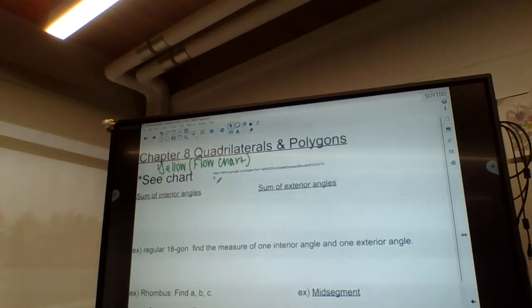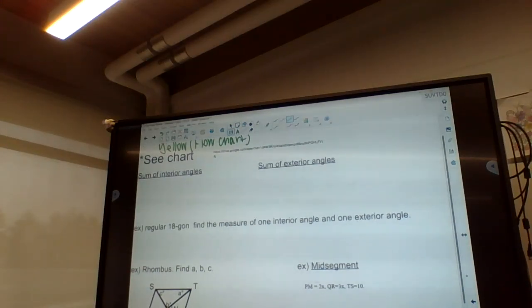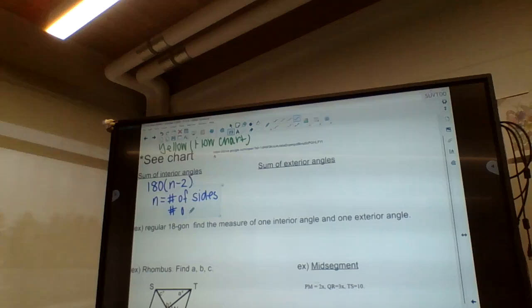So, in this chapter, we had a couple of formulas. One of them was the sum of the interior angles formula, and that is 180 times n minus 2, where n is the number of sides of the shape. It's also the number of angles.